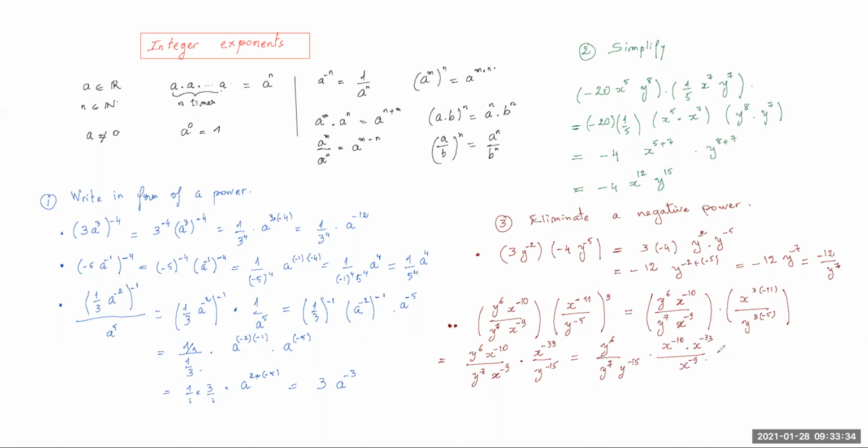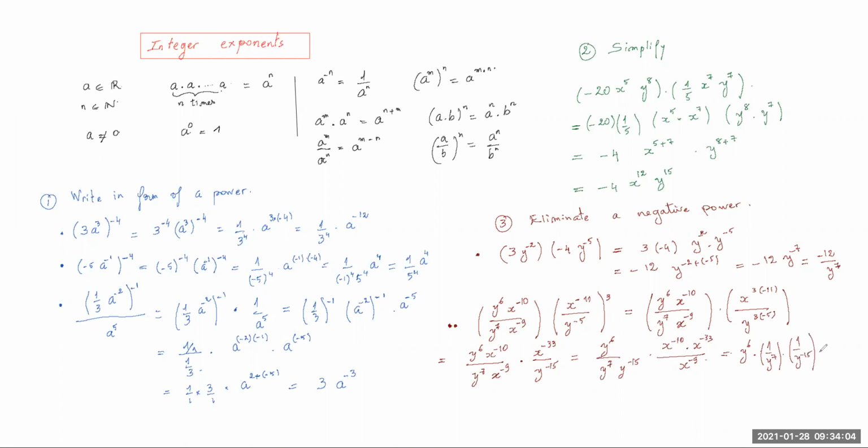So I can decide to do something like that. I want to show you just something. I can say it's y power 6 times 1 over y7, and 1 over y minus 15.